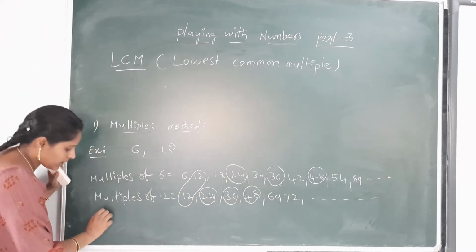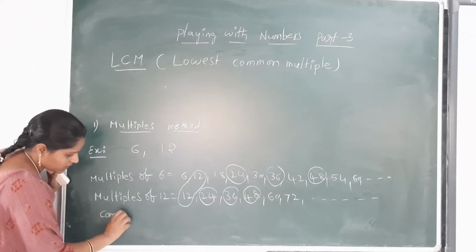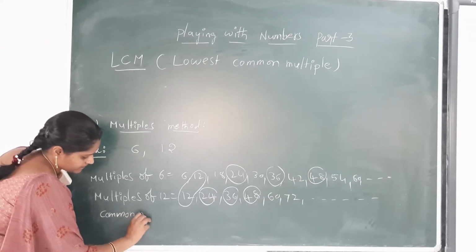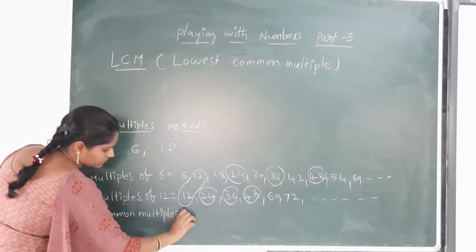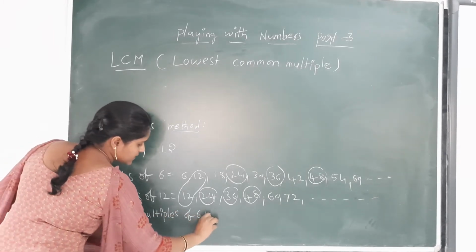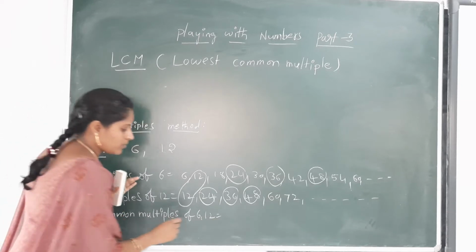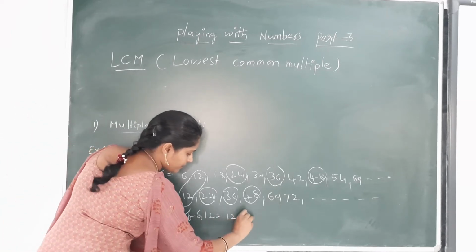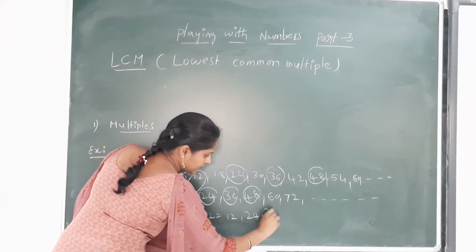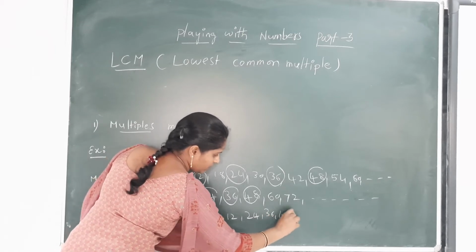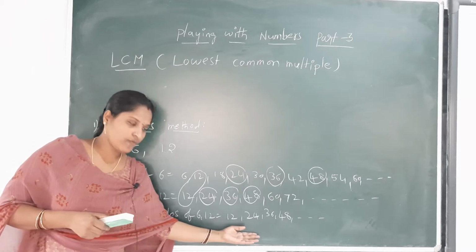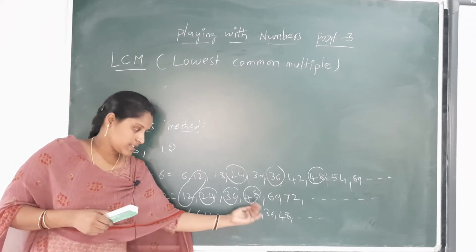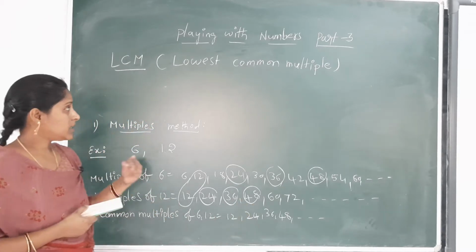Here we write the common multiples of 6 and 12. What are the common multiples here? 12, 24, 36, 48, and so on. From this group of common multiples, whichever is the least one, that is the LCM.